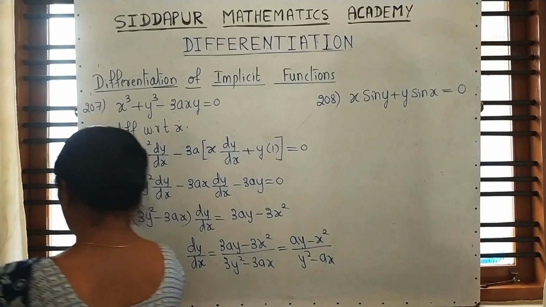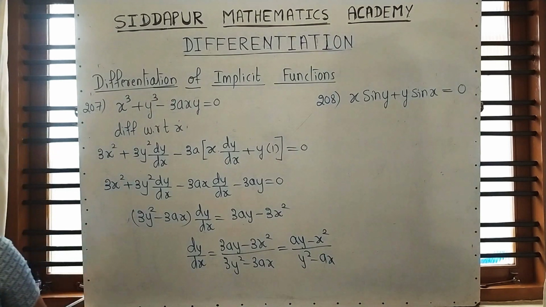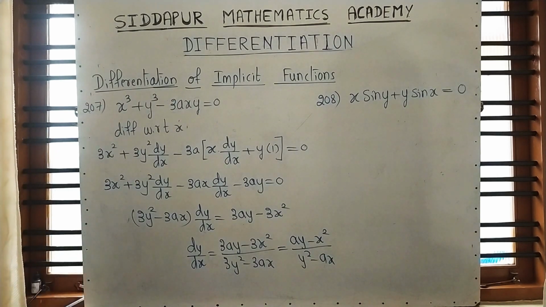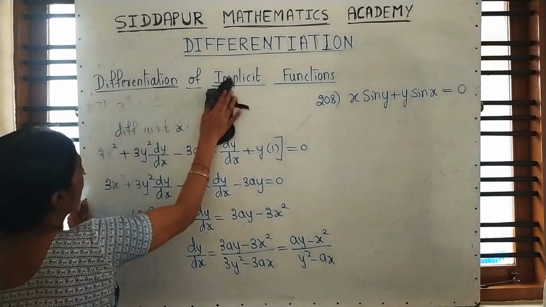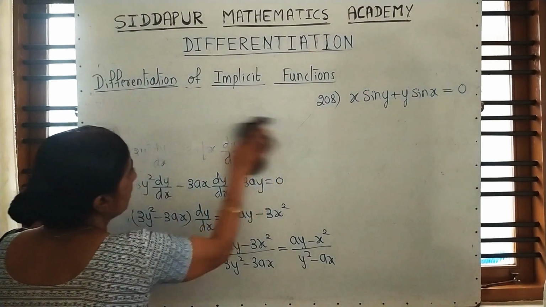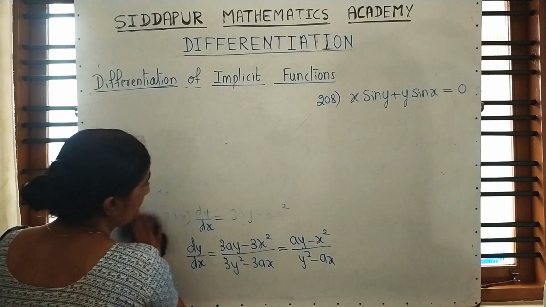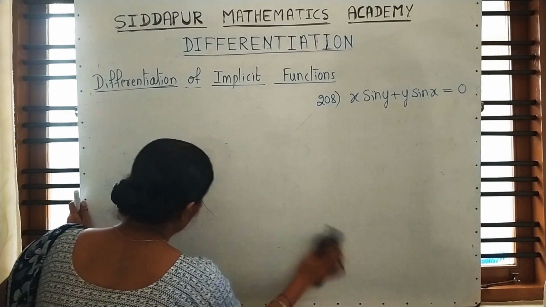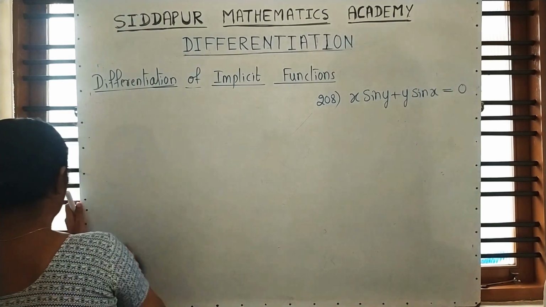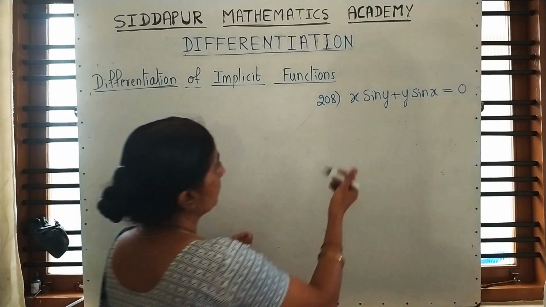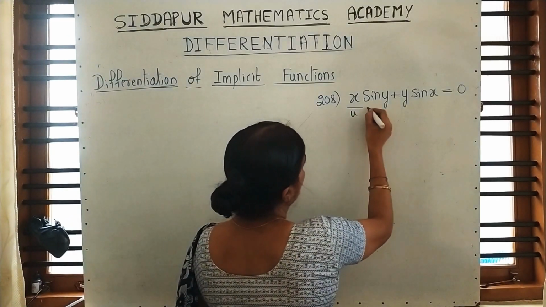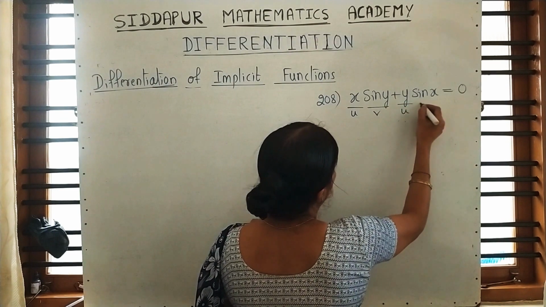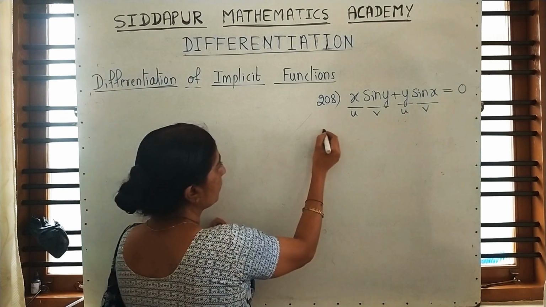x into sin y plus y into sin x is equal to 0. So, even though the middle is plus, with x into sin y and y into sin x, there we have to apply the product rule, u into v. This is u, this is v. Again this is u, this is v.